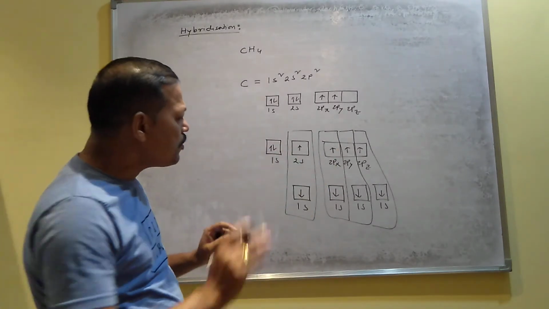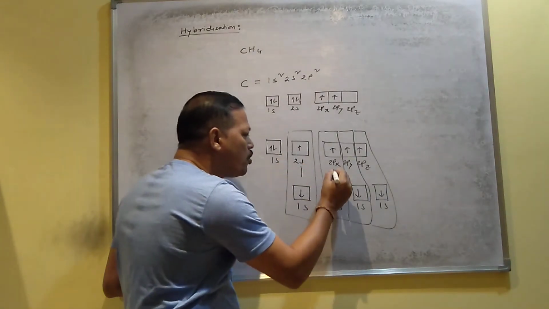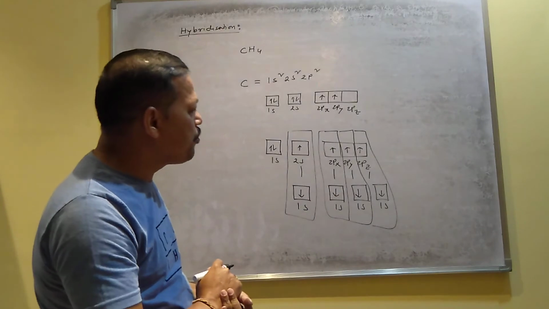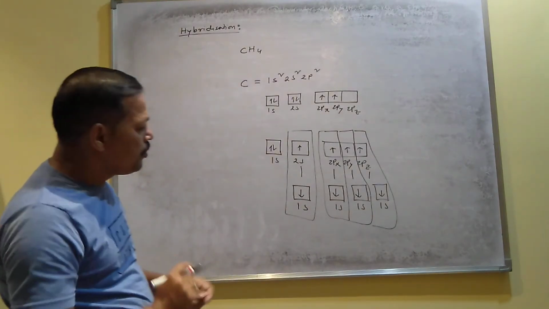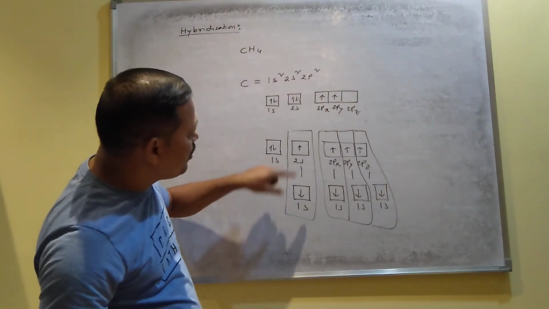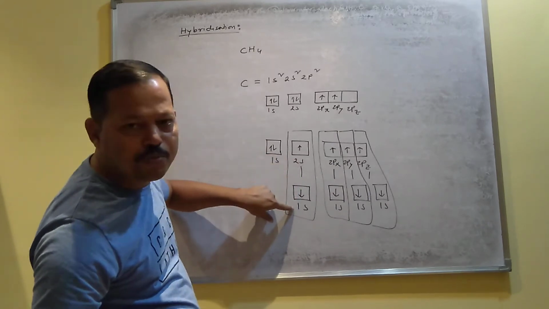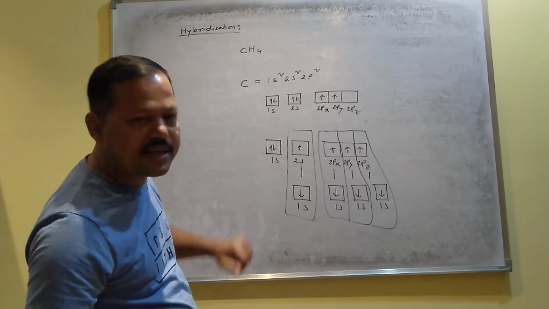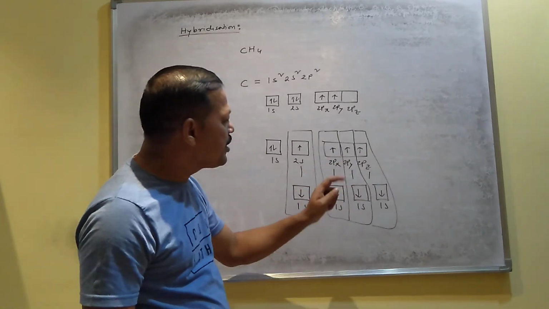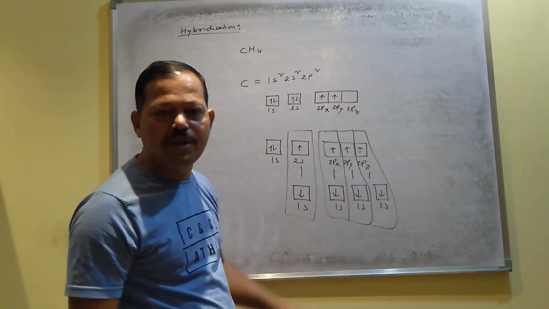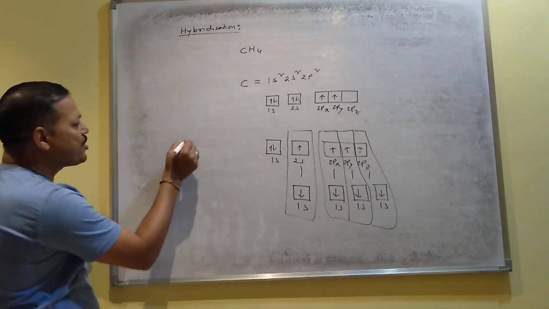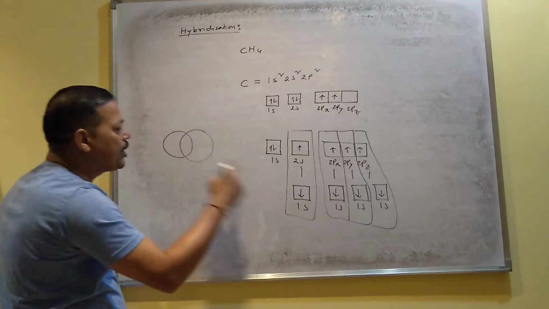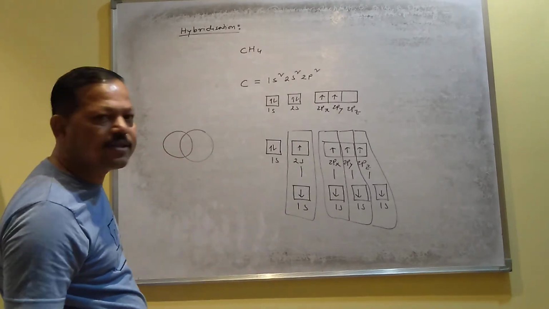But although carbon can form 4 bonds like this by overlapping with 4 hydrogen 1s orbitals, as you know, this overlap is taking place between s and s orbital. This is 2s, this is 1s. I mean this overlap takes place between s and s. And these 3 overlaps take place between s and p orbital. You know, ss overlap is like this. This is called ss overlap, as the s orbital is spherical in shape.